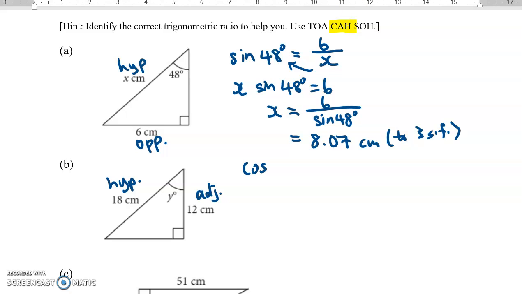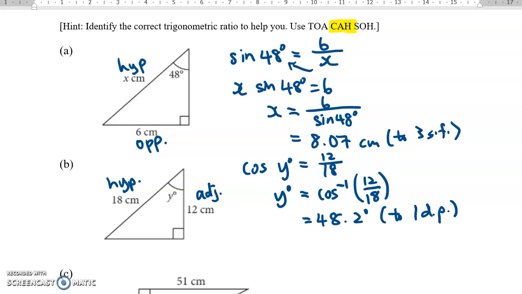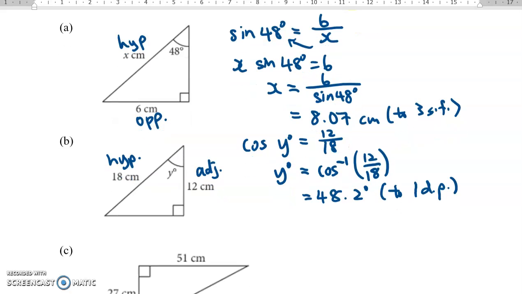So cosine of y would actually be 12 over 18. To find the value of y, we will take cosine inverse, and you should be able to get your answer. We will now go on to part C.